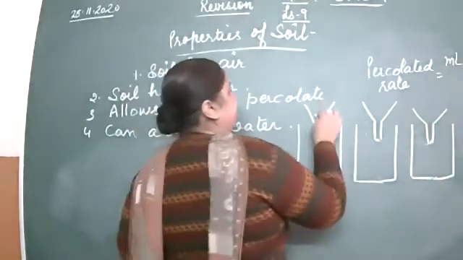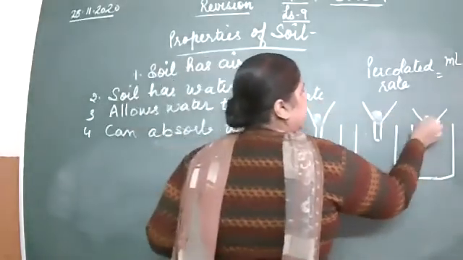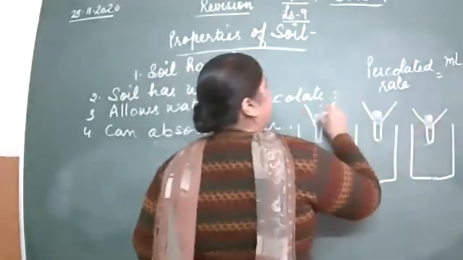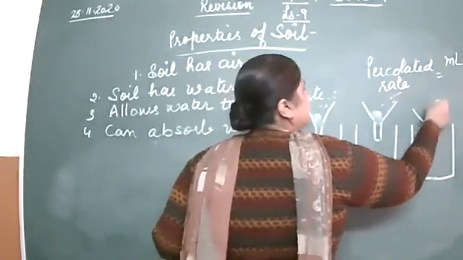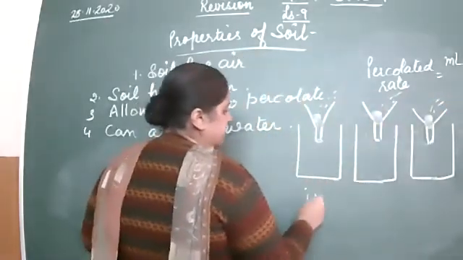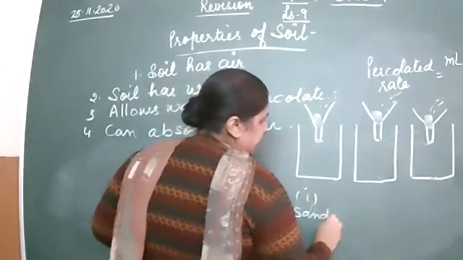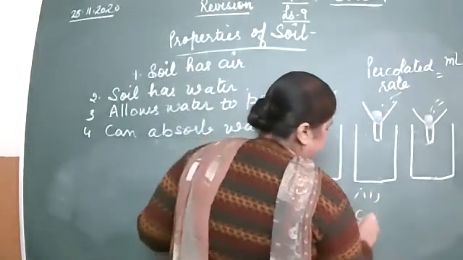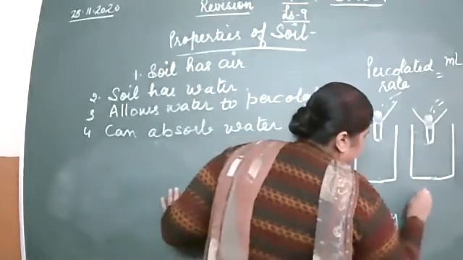Then in it we have to add the soil. Then we have to pour water in it. Different types of soil. Say first में है sandy, दूसरे में है clay, and third में है loamy.